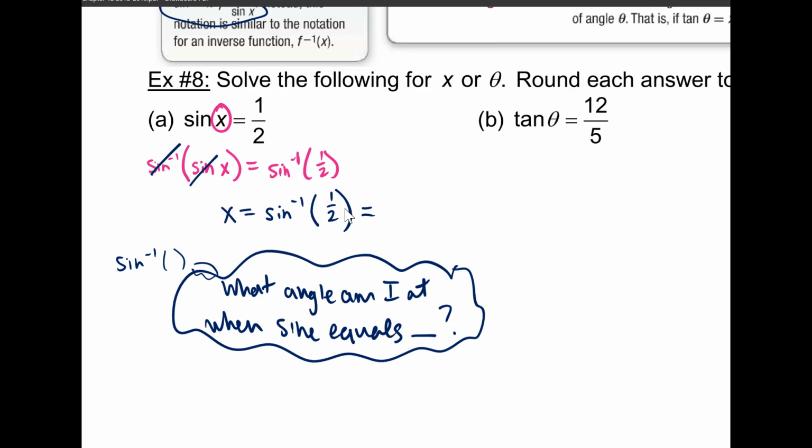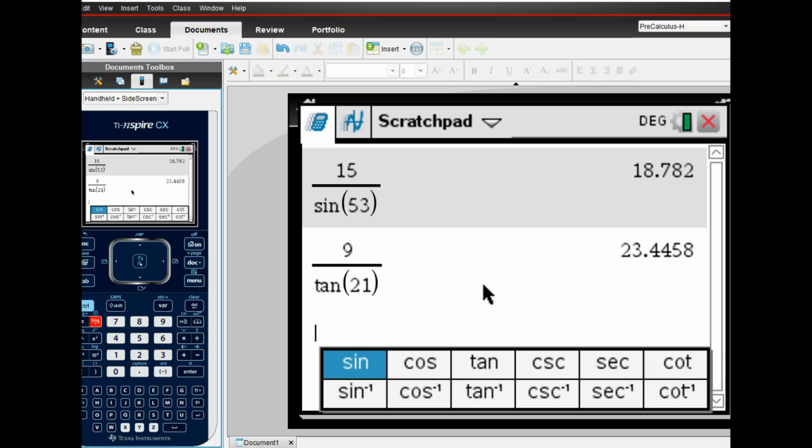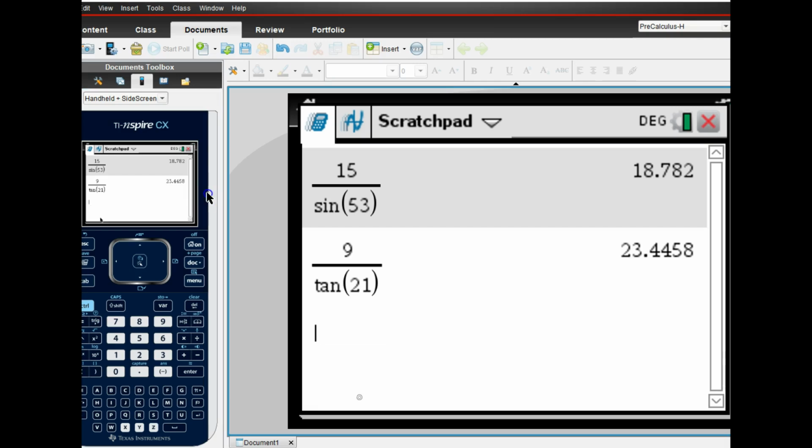To find the angle, you do sine to the -1 on both sides. When you do that, sine inverse and sine cancel each other out, like a square root and a square cancel out. If I plug this into my calculator, I go sine inverse, and then I put 1/2.